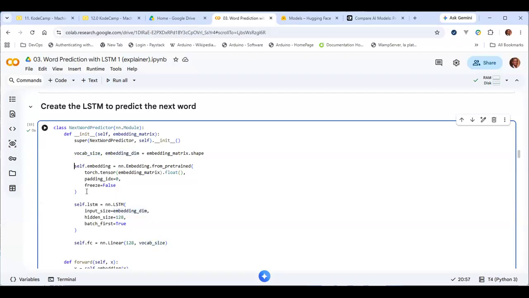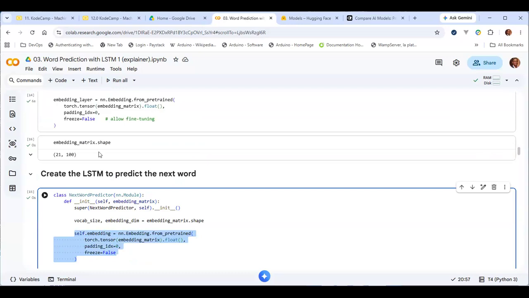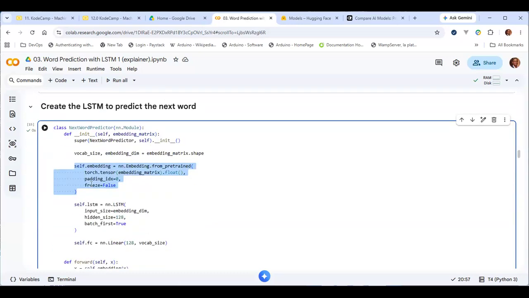So we now create an embedding from pre-train. This is basically a duplicate of what I've already displayed here. The only difference is here, I'm now putting it inside the model. So this embedding layer is what will translate whatever words you have in the vocabulary into the vector embeddings because you have initialized it with the embedding matrix.